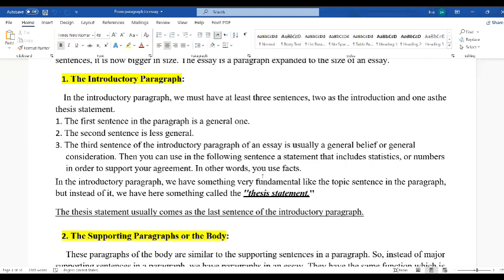In this way, you make your topic stronger, supported by numbers and statistics. So this will make your topic more interesting and more trustworthy to the readers. Is it clear up till now?